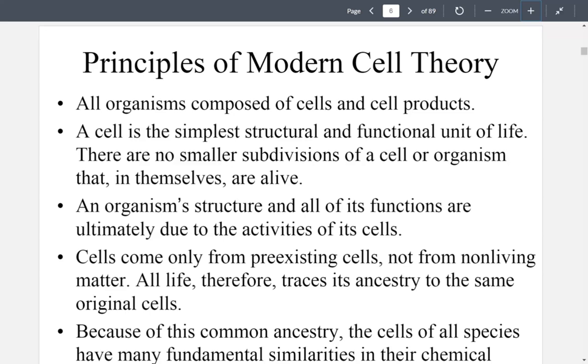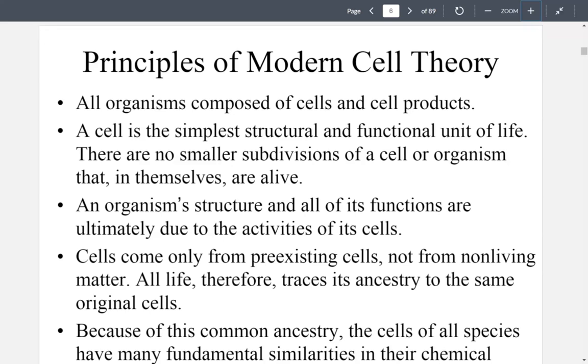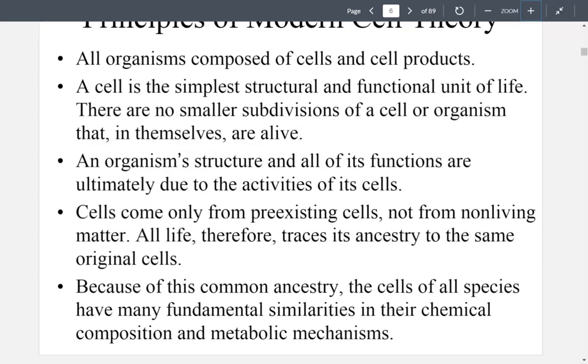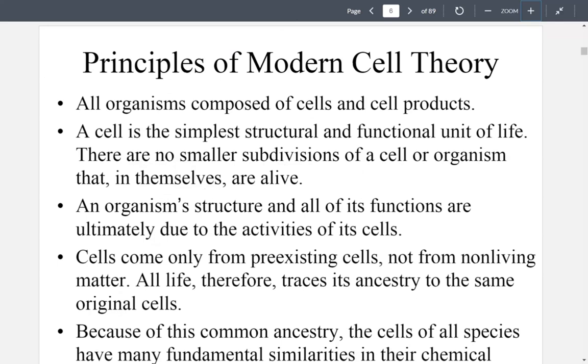Now, that being said, cells can get pretty small. So just because cell is the smallest, simplest, does not mean that it is large. As I mentioned, structure and function are going to dictate the activity of the cell and therefore what is in it. Cells come from pre-existing cells. Life begets life.